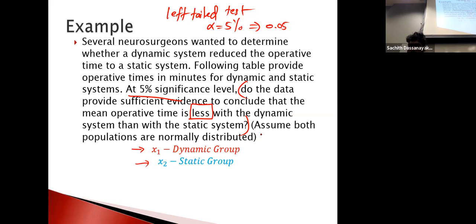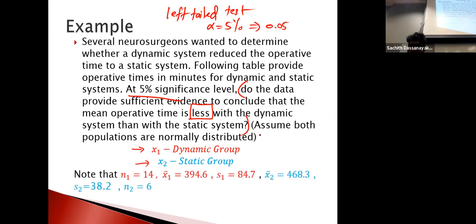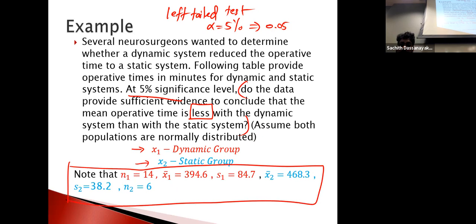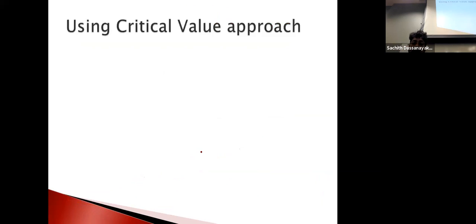So dynamic less than static, right? n1, n2, s1, s2, x1 bar, x2 bar, all values are given, and yes, sample sizes are less than 30, definitely. These are the values, so you have the value set.